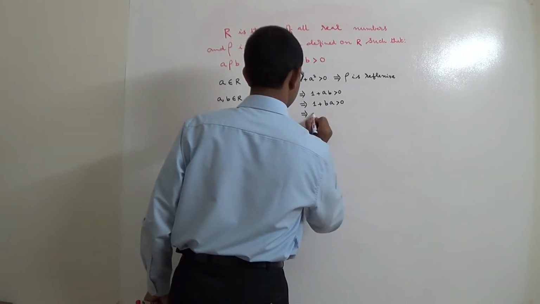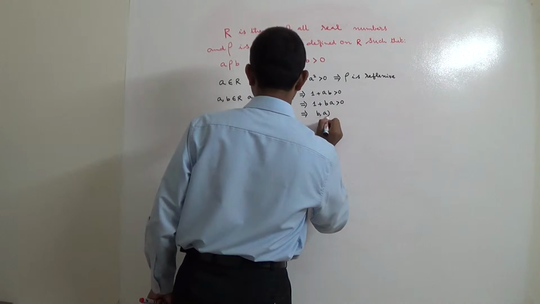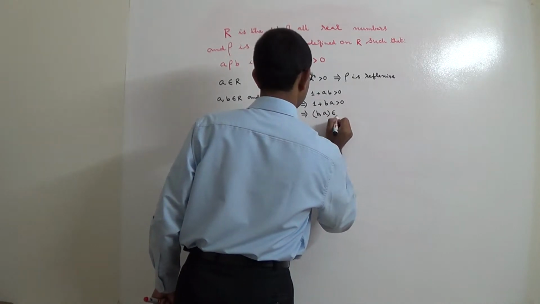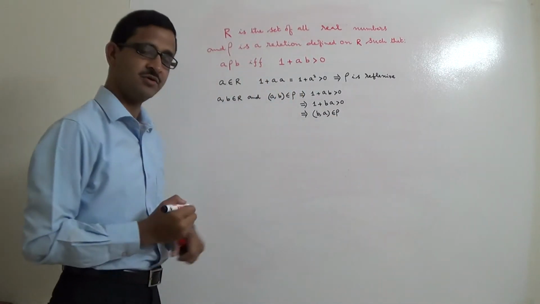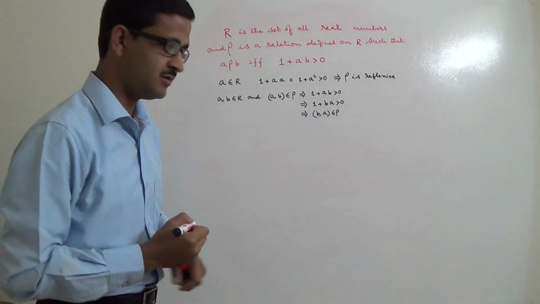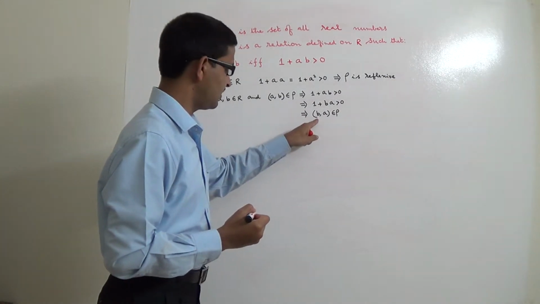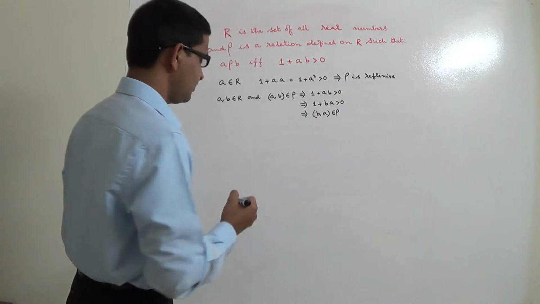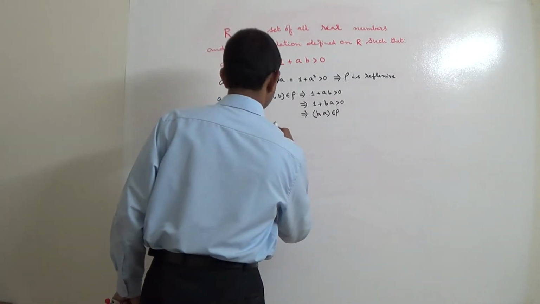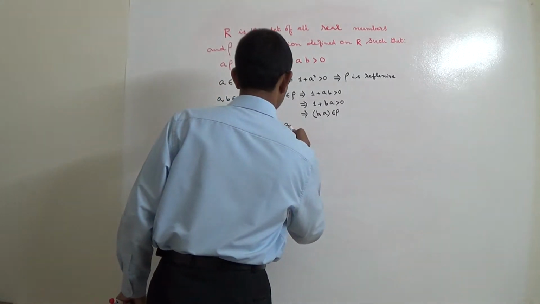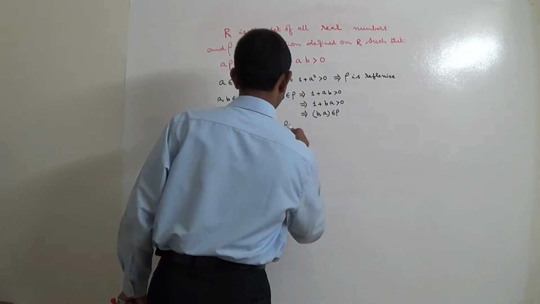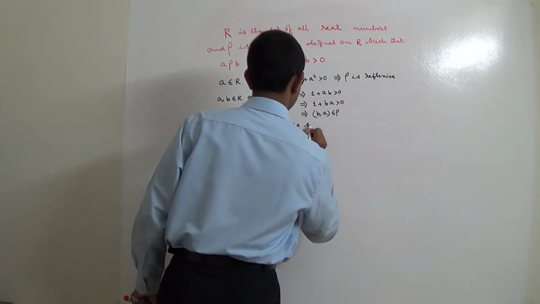That implies, according to the definition, B comma A belongs to rho. So we started with A comma B belongs to rho, and we are able to prove that B comma A belongs to rho. So that implies rho is symmetric.